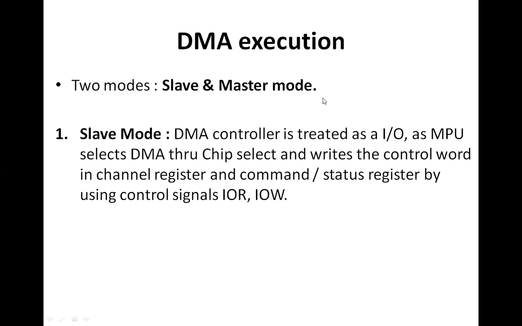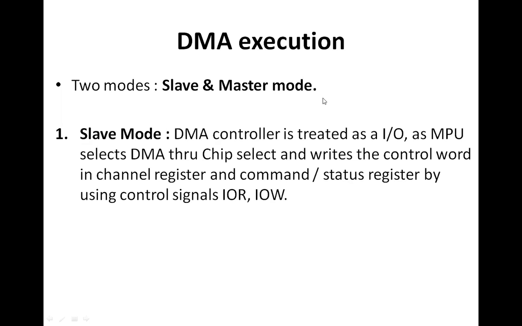In this particular mode, that is slave mode, the output signals of the 8237, for example, A7 to A4, memory write and memory read, remain in the tri-state mode. So in the slave mode, the 8237 controller works simply as an input output unit in which the microprocessor first selects the controller, and then it writes the command into the control words.